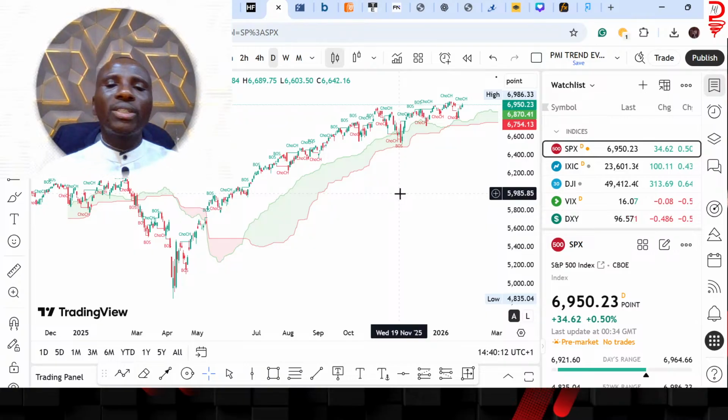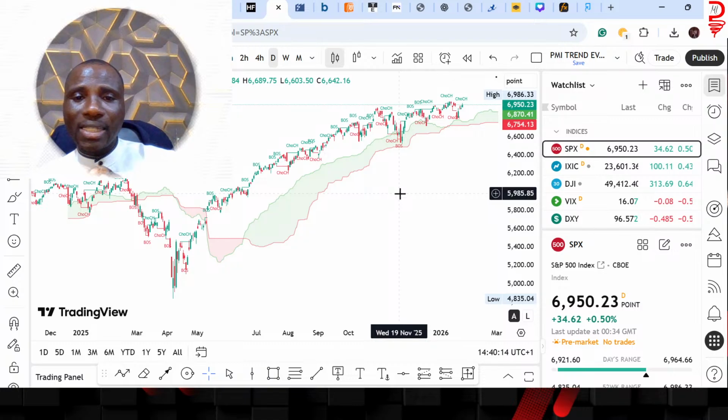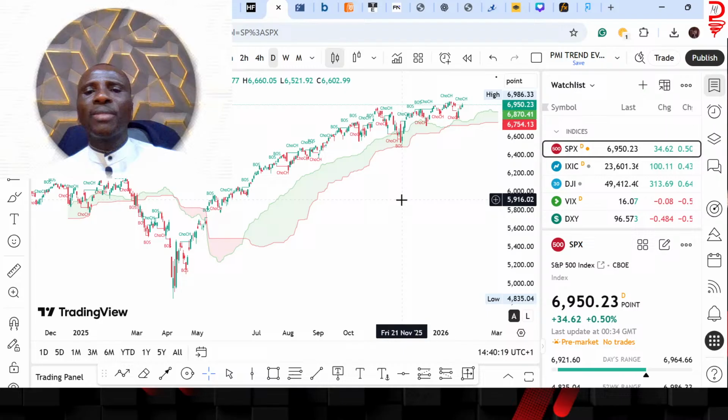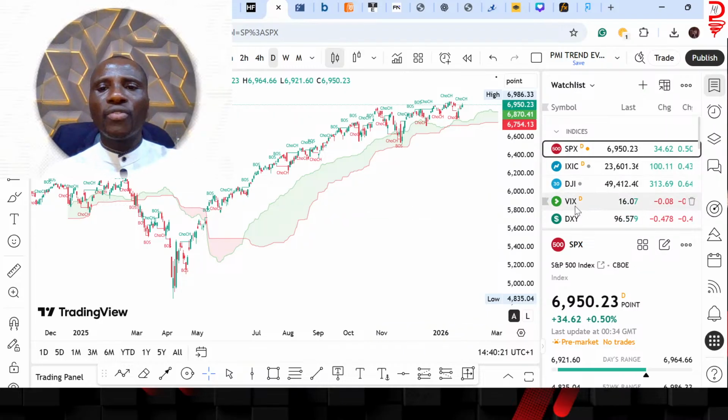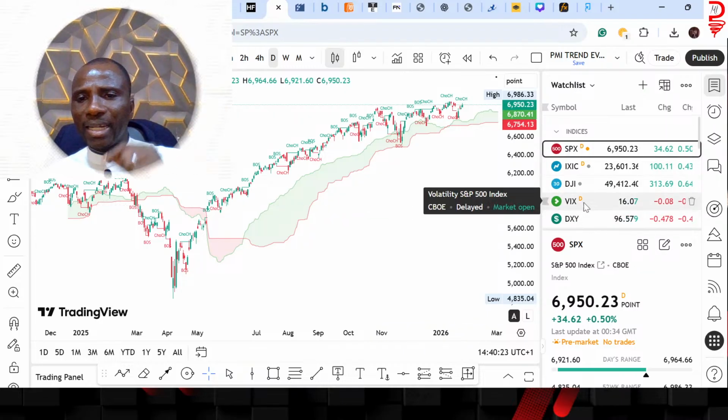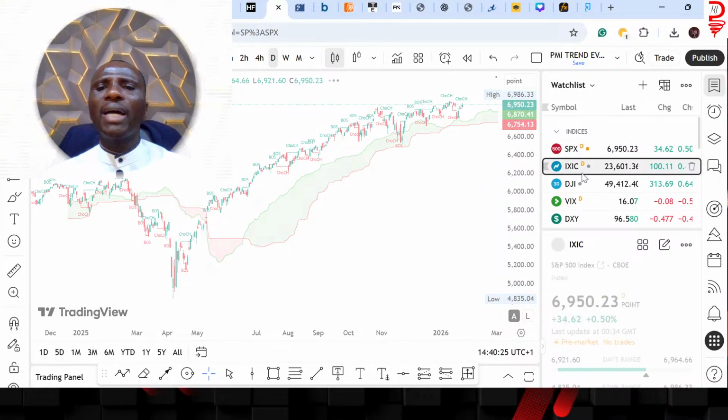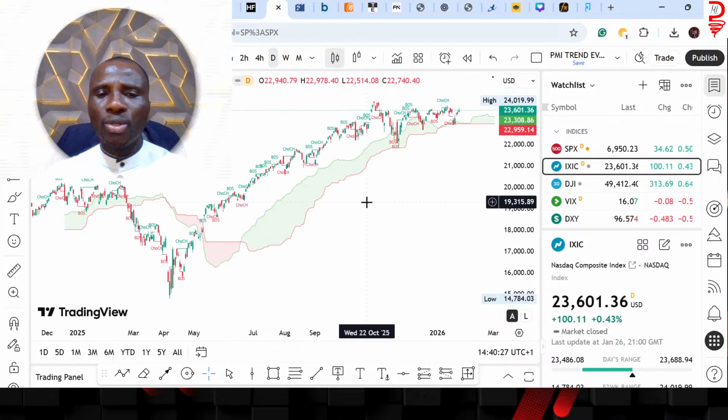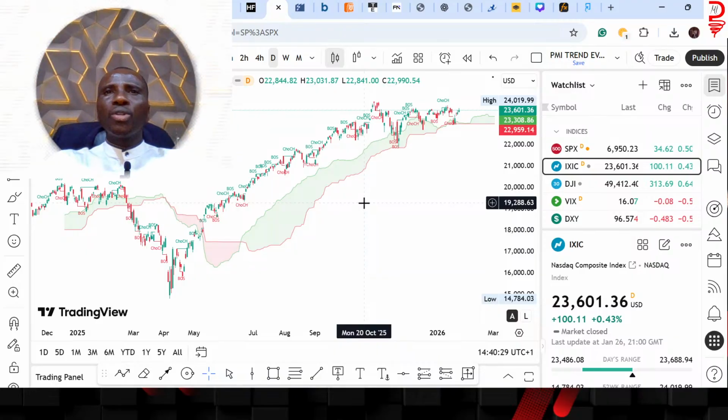And of course, to buttress that particular assertion, we also consider 2 other indices before we move into the VIX and the DXY. So the other index that we look into, to see the position of investment on a global level, looking at stock indices, is the Nasdaq Composite Index.